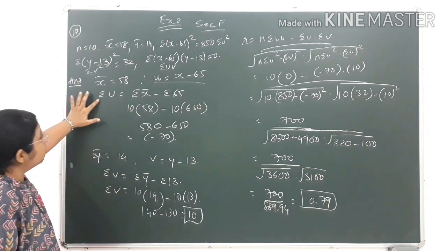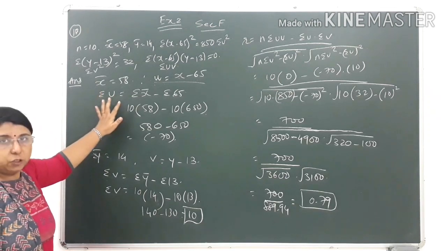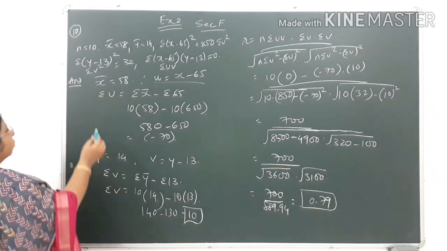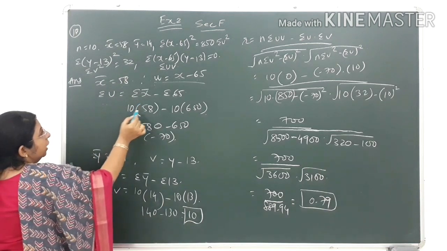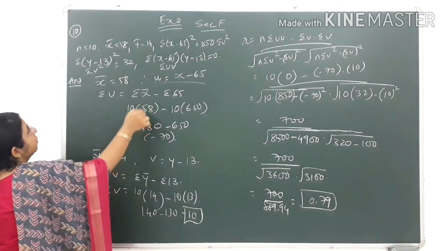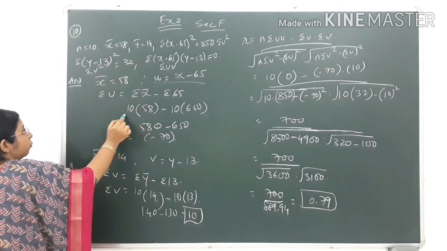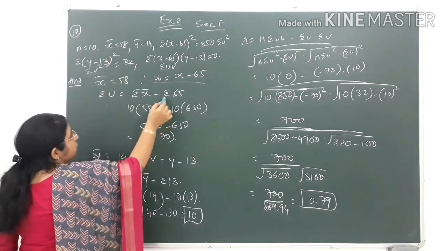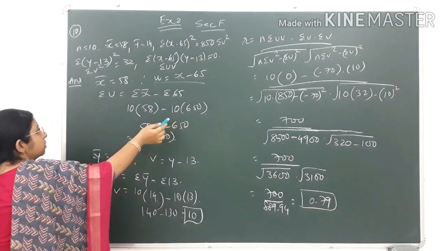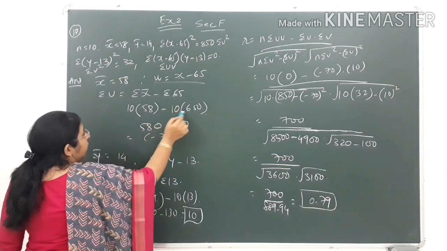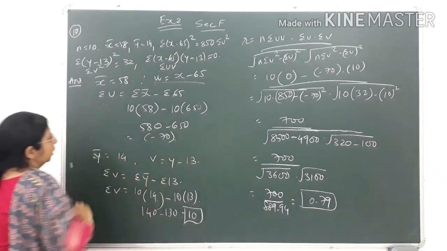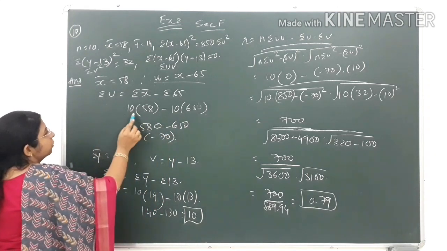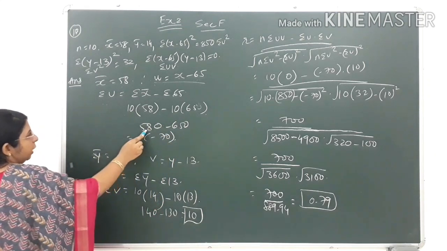So sigma U is equal to 10 into X bar value, that is given in the question, 58. So 58 into 10 minus, again sigma means 10 observations, so 10 into 65. Sorry, 10 into 65, so it will come to 650. Now calculating, first of all 58 into 10 will come to 580.